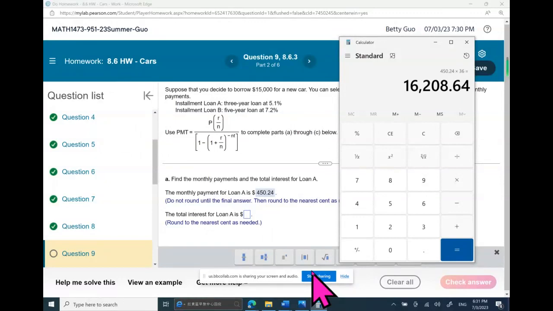And that's how much money you pay over the 3 years in total. And we're going to use that money to subtract the money you actually owe, 15,000. And the difference is $1,208.64.